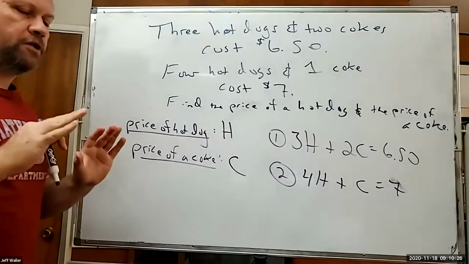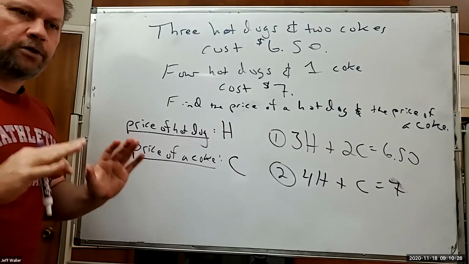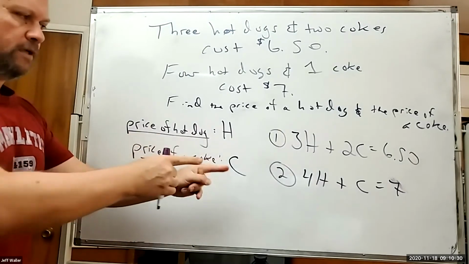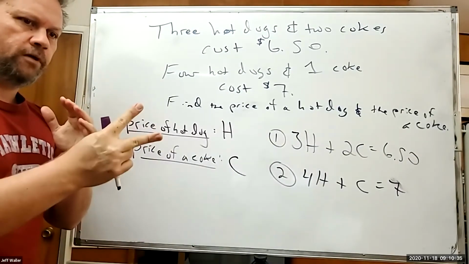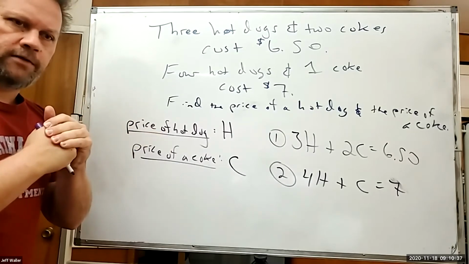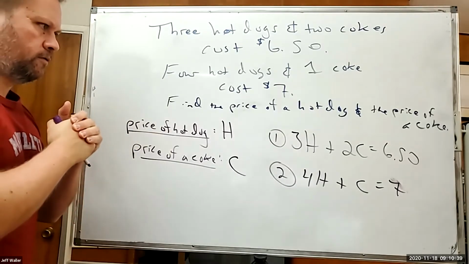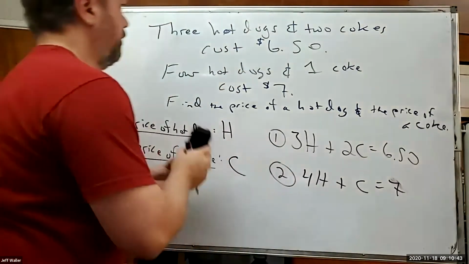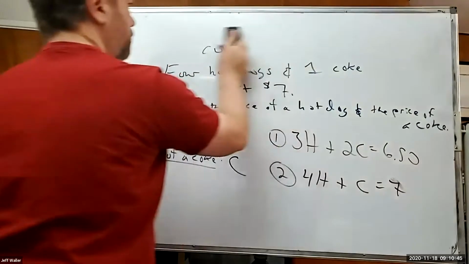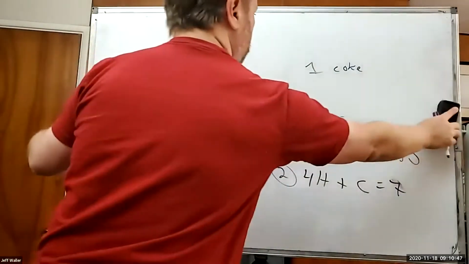Does somebody have a suggestion as to a good way to solve this system of equations? There are 2 algebraic ways to do this. I'm going to erase this. We don't need this anymore. Give myself some more room here. Anybody?